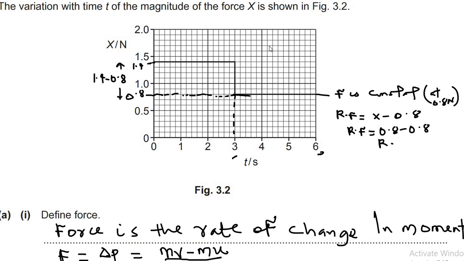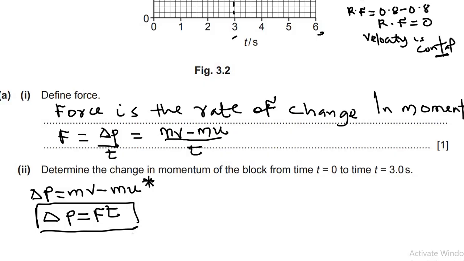So resultant force will be equal to 0. Once the resultant force is 0, which means there is no resultant force, velocity is constant. So let's put it down there.